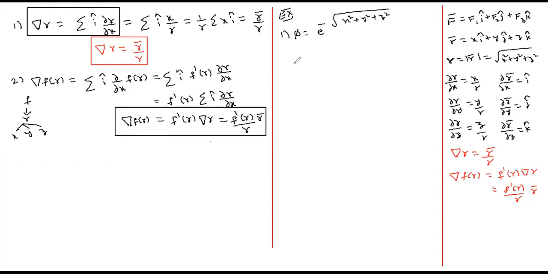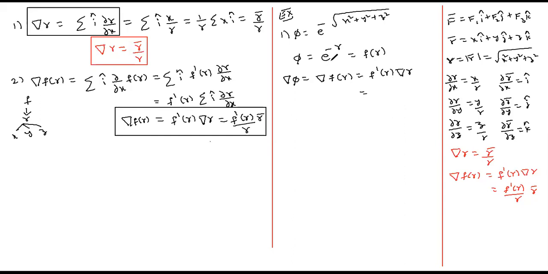Now can you identify this under root of x square plus y square plus z square? It is r. Now is it not a function of r? So del phi is nothing but del f of r, and del f of r is nothing but f dash of r into del r.